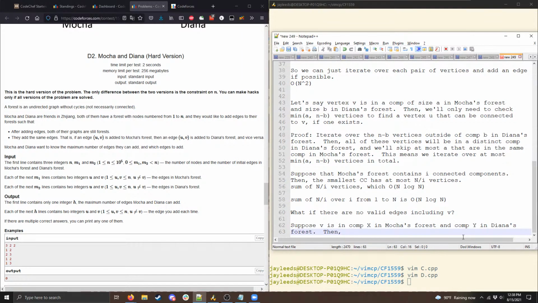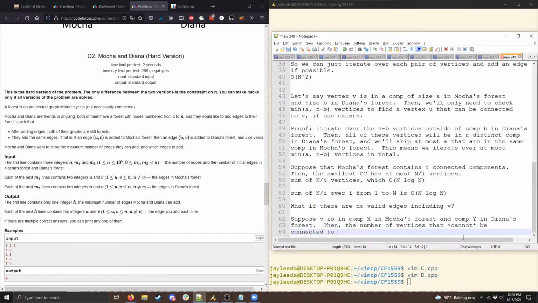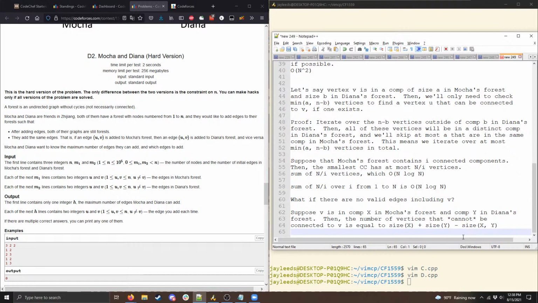Then the number of vertices that cannot be connected to V is equal to the size of component X plus the size of component Y, minus the number of vertices in both component X and component Y. The reason is that V cannot be connected to anything in component X, and it can't be connected to anything in component Y. But here we're double counting the vertices in both components, so we have to subtract this out at the end.